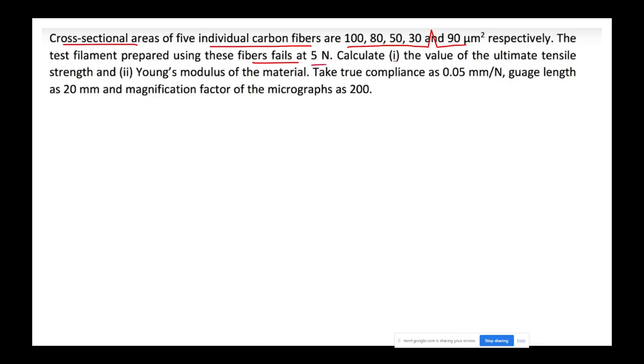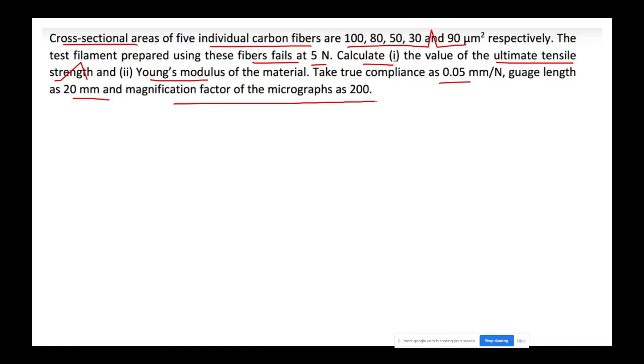We have to calculate the value of ultimate tensile strength, which is UTS, and Young's modulus of the material. Take true compliance as 0.05 mm per Newton, gauge length as 20 mm, and magnification factor of the micrographs as 200.